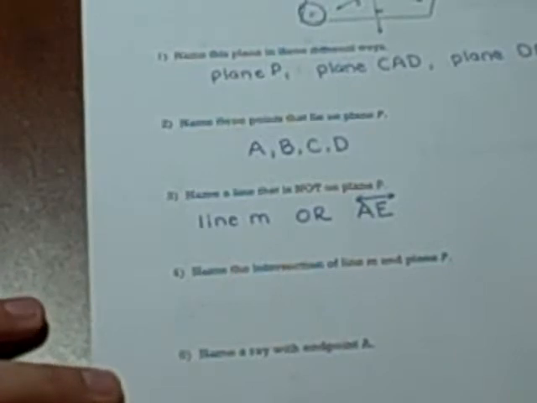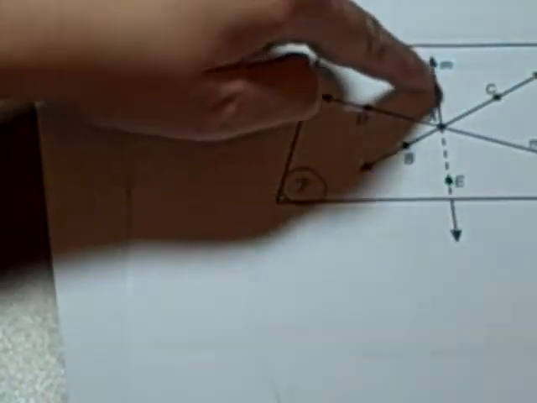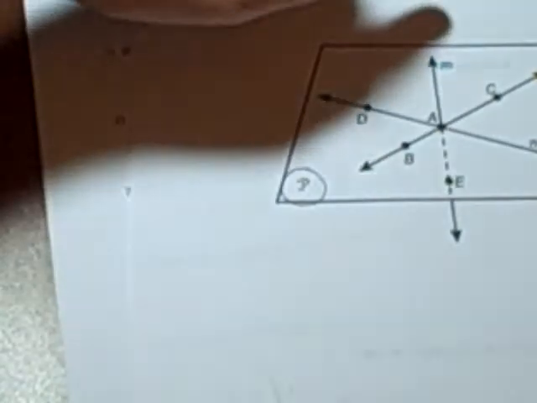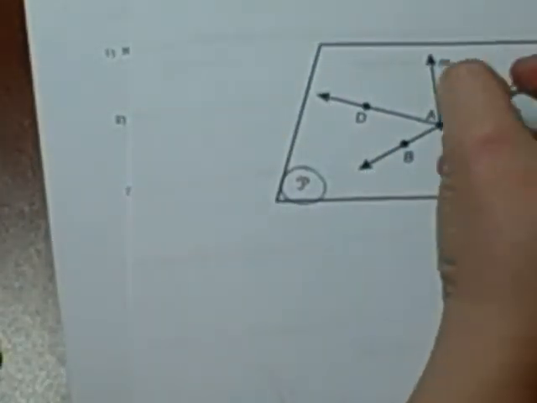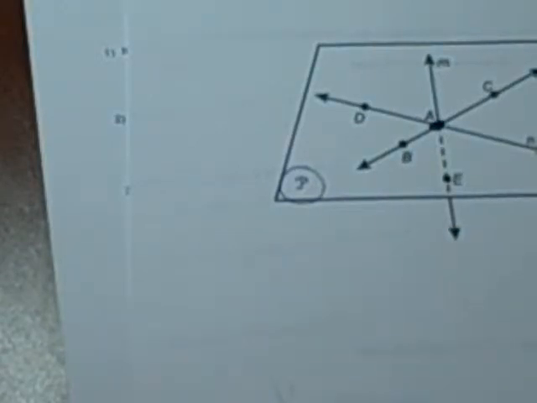Question number 4. Name the intersection of line M and plane P. Intersection means where do they meet? So again, I want you to picture this. This is like a flat piece of paper, and this is a line going up and down through the center of that paper. And this point right here is the point where that line is going to go through the plane.